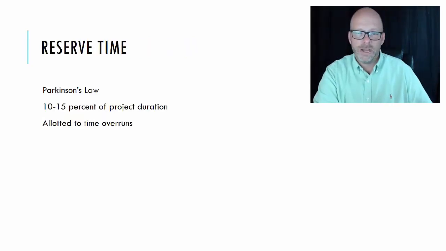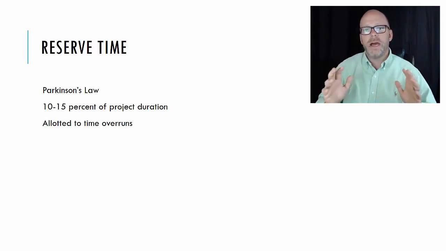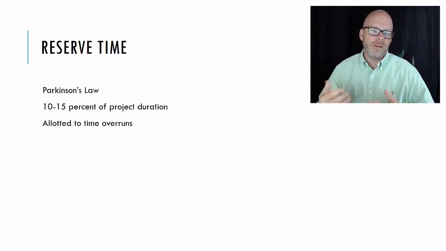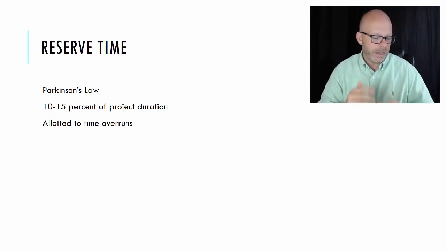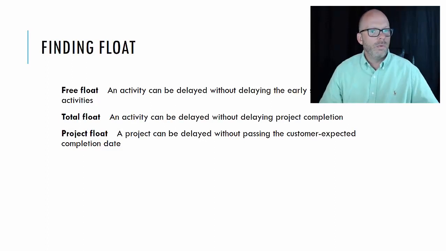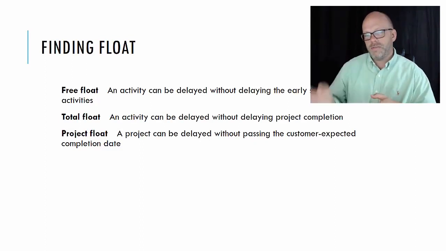We talked about reserve time and Parkinson's law, that work expands to fill the time allotted to it. And so reserve time is a way to combat Parkinson's law, that we work towards ideal time. We talked about float. I know that was your favorite topic in this section. So float, we had free float, where an activity can be delayed without affecting the successor start date.